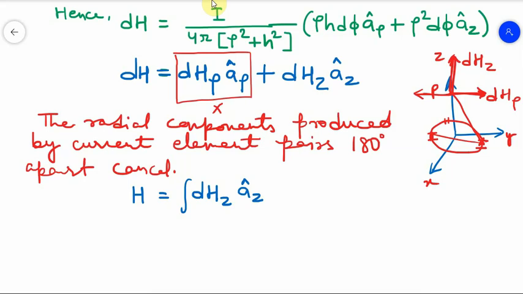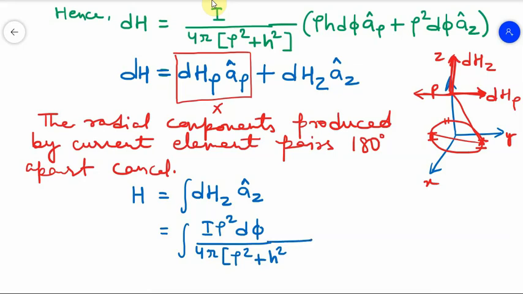Okay, so here we'll have I rho square d phi upon 4 pi (rho square plus h square) to the power 3 by 2.